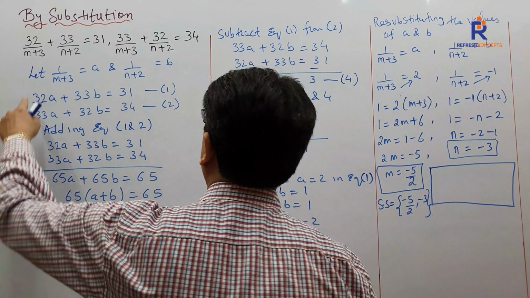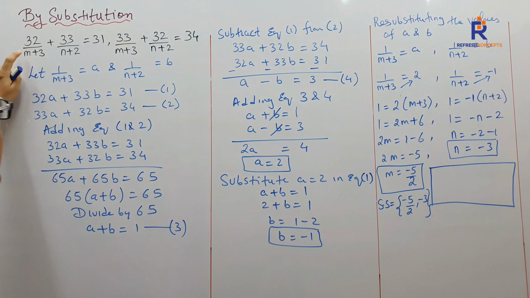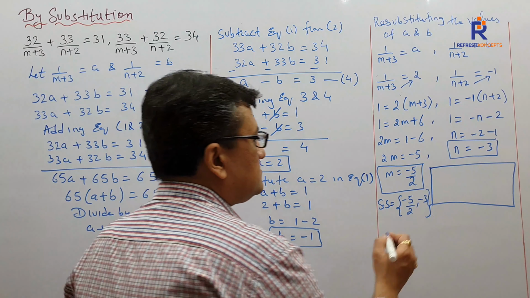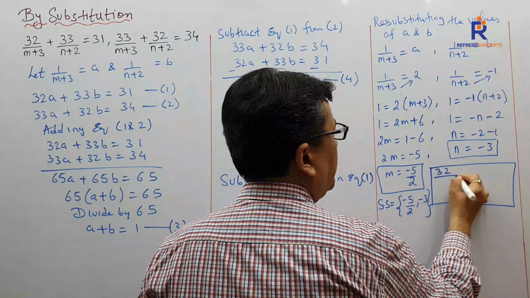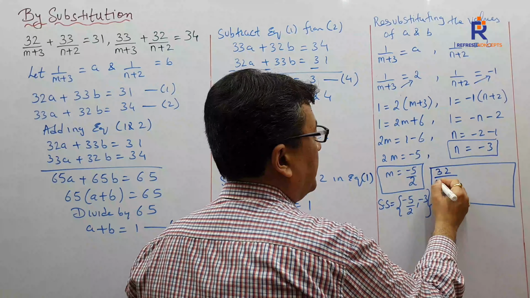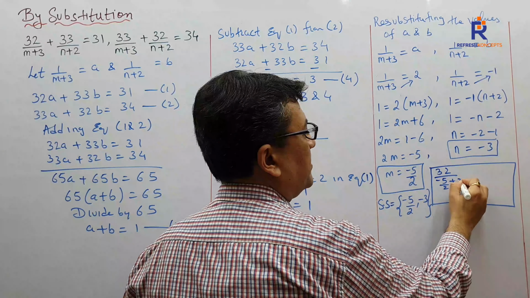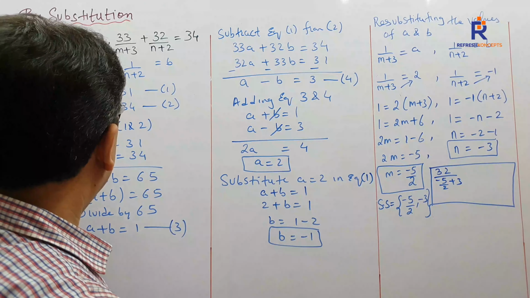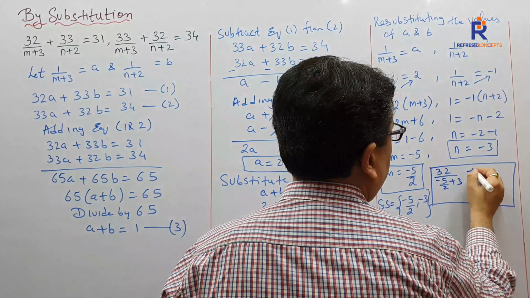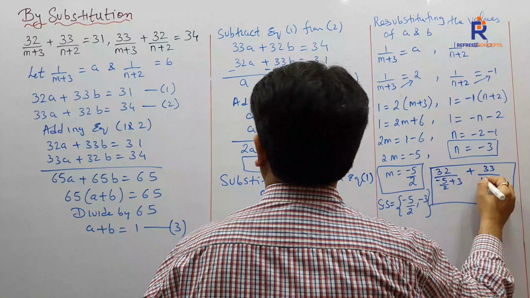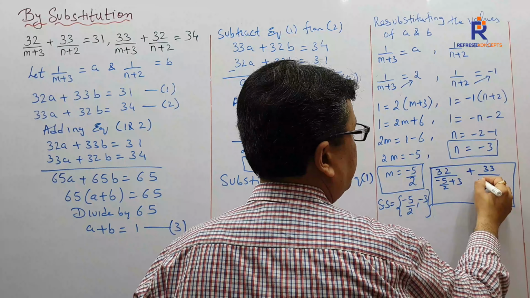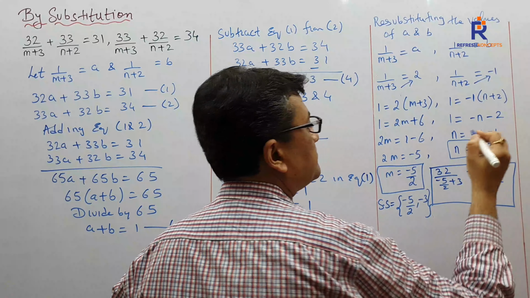It says 32 upon m plus 3, that is 32 upon minus 5 by 2 plus 3, plus 33 upon n plus 2, that is 33 upon minus 3 plus 2.